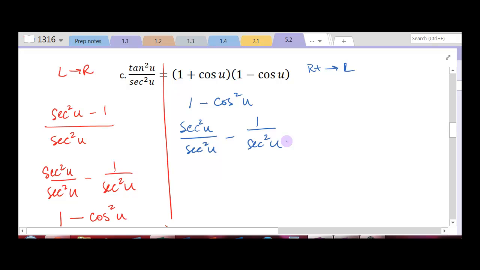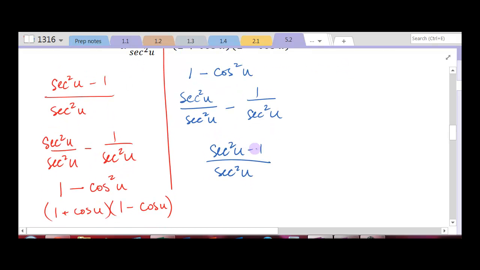Now, since my denominator is the same, I can rewrite this as a single fraction, so it looks like secant squared u minus 1 all over secant squared u. And remember, go back and look at what I'm trying to turn this into. Now I need to get this numerator into tan squared, and I can do that because secant squared u minus 1, using the Pythagorean identity, is tan squared u all over secant squared u.